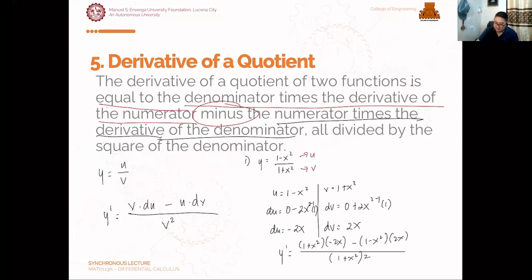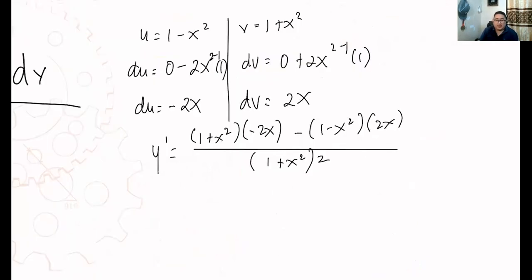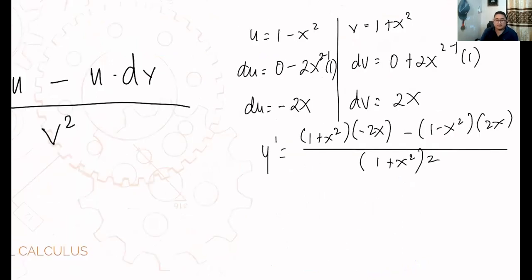Okay? So, wait lang. Palitan ulit natin to. Okay? Yan. So, sinimplify lang natin, no? O sinubstitute lang natin doon sa formula natin na derive dito, no? Dito sa formulang to.